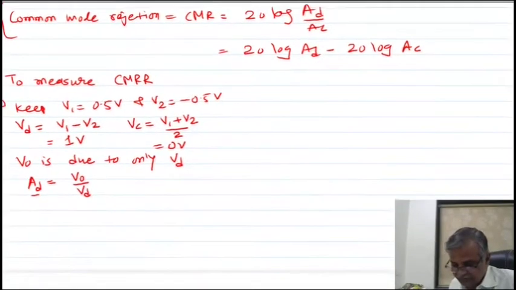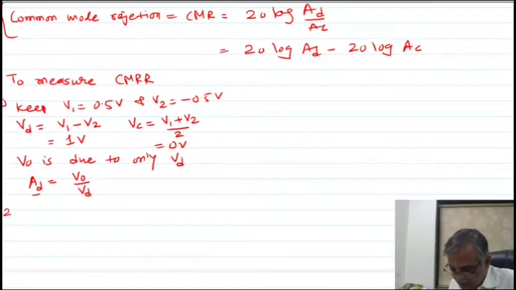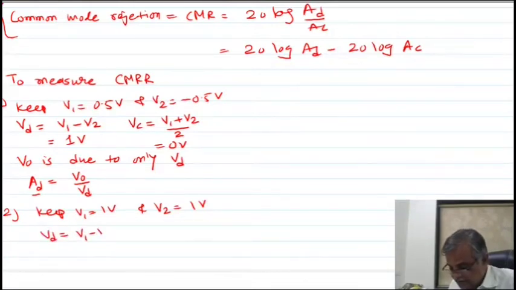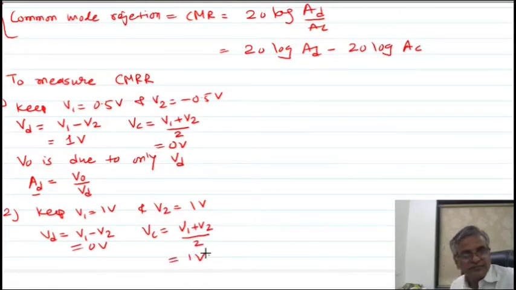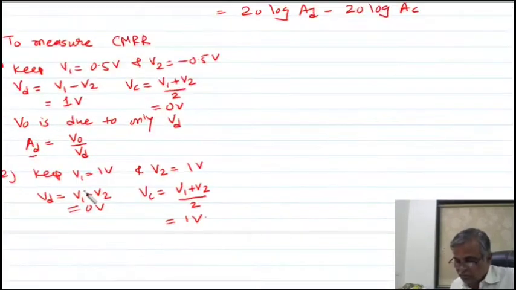Now second, keep V1 equal to 1 volt and V2 equal to 1 volt. So the differential voltage is 0 and the common mode voltage, V1 plus V2 by 2, is 1 volt. So you will get output due to only the common mode signal, not due to the differential signal. So you measure your output.